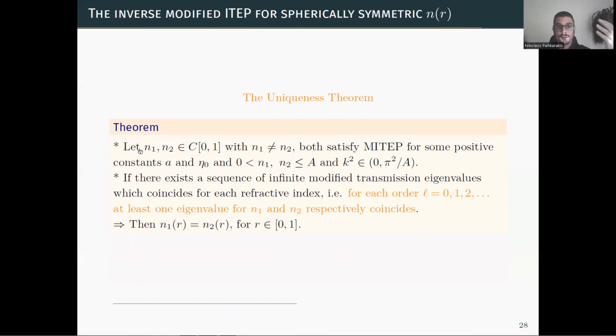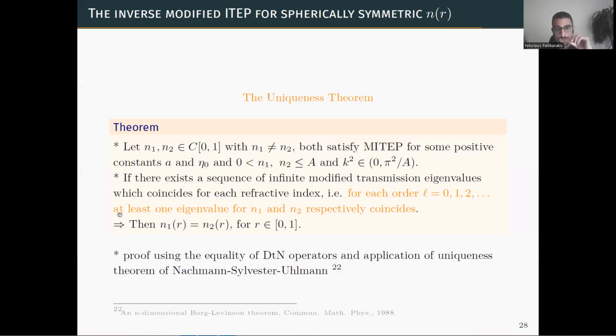We assume that, again, we have these distinct continuous refractive indices, both bounded by a predetermined constant, and the wave number is small enough, not a Dirichlet eigenvalue. If there exists an infinite sequence of transmission eigenvalues for each order being equal for each corresponding refractive index, then we can conclude that the refractive indices are also equal.